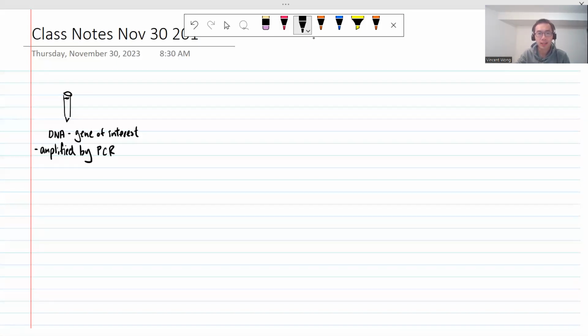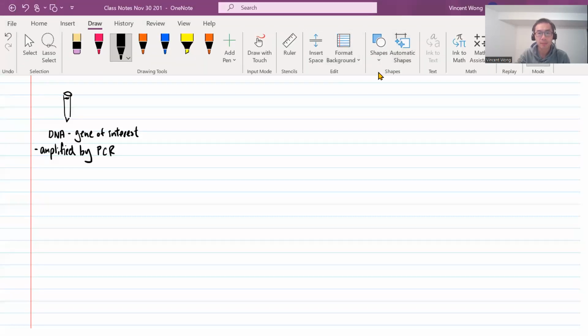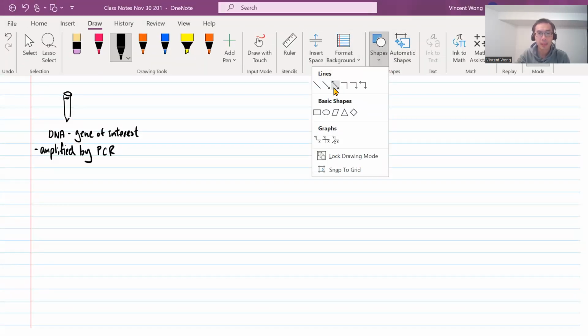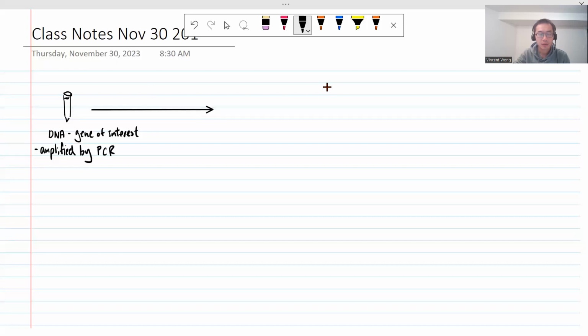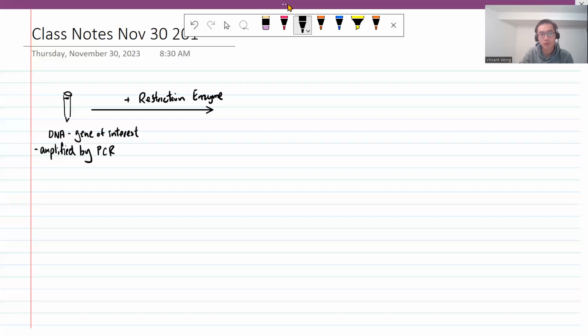And what we're going to do is treat this with a little bit of restriction enzyme. What that does is, let me try to draw this again.